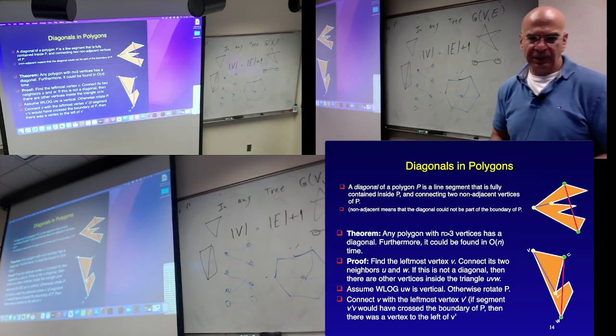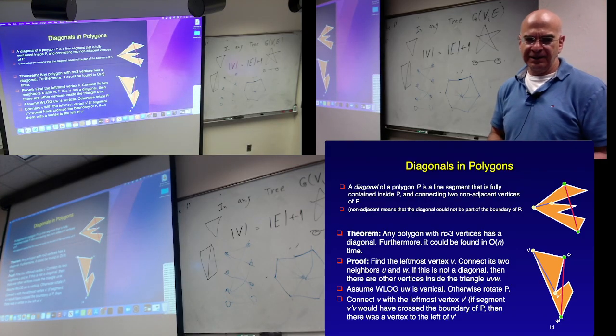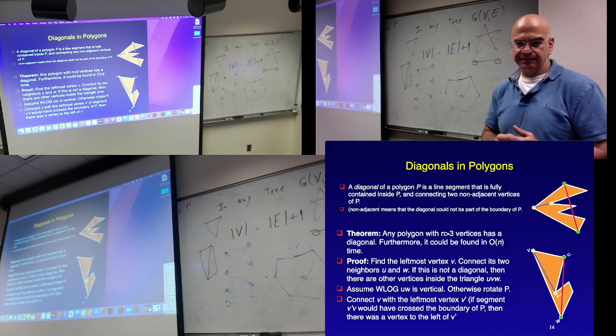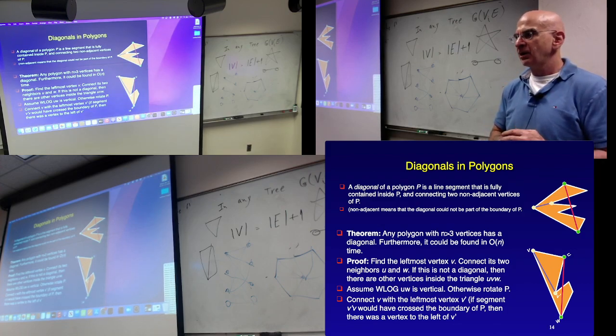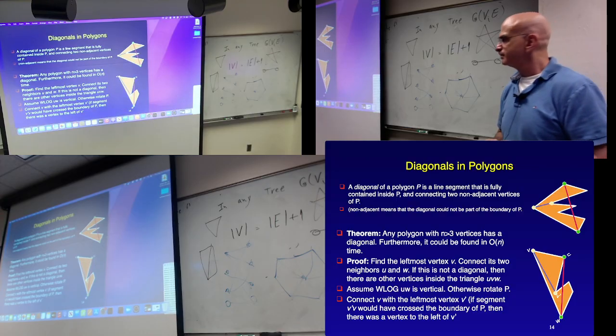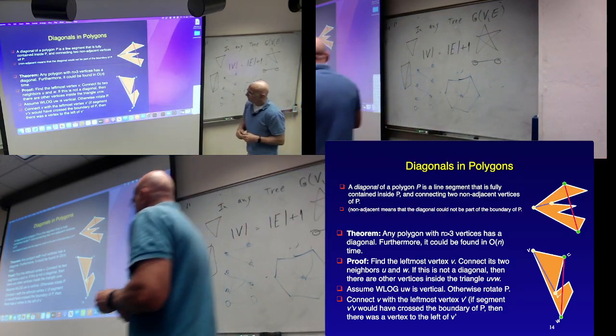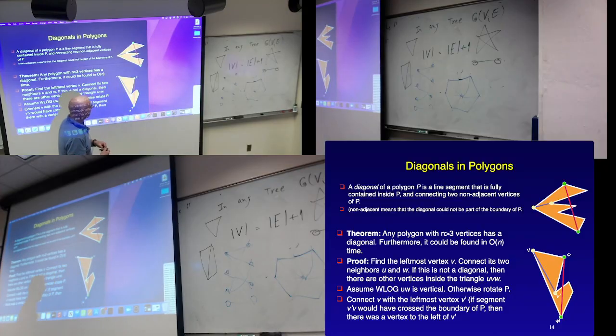So any polygon with n larger than 3 vertices has a diagonal. I can find at least one diagonal inside this polygon. And it's surprisingly tricky, actually, to prove it. It sounds somehow obvious, but it's less so.